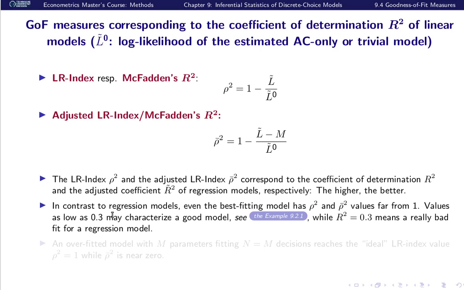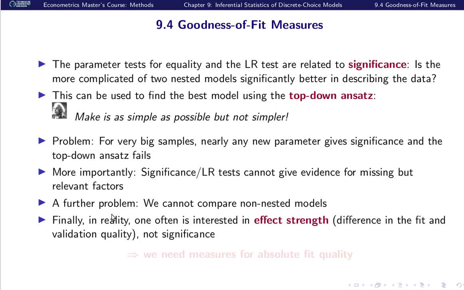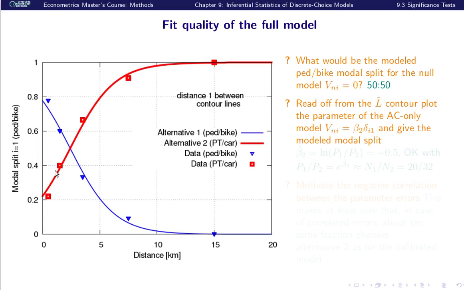And if you have something like 0.5, you could not even do better. That 0.3 is actually a good value can be seen when we go back to this. So this seems like a really good fit, but it has an R-squared of maybe 0.3, because here of course, particularly if data are 50-50, the model cannot do better than 50-50, so it gets many decisions wrong just by force.